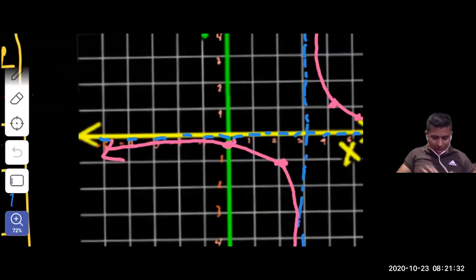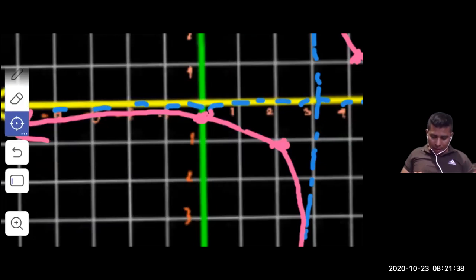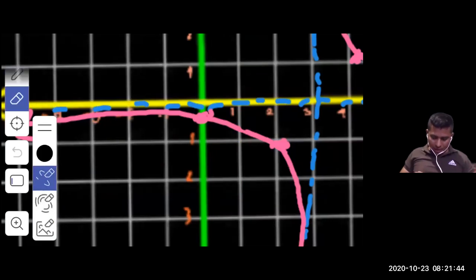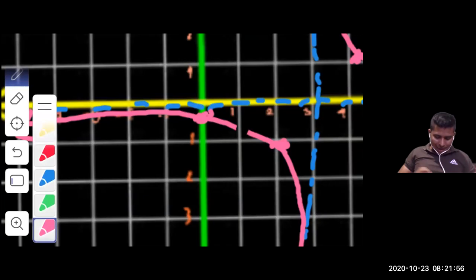Let me erase that and make a hole here, an empty circle.